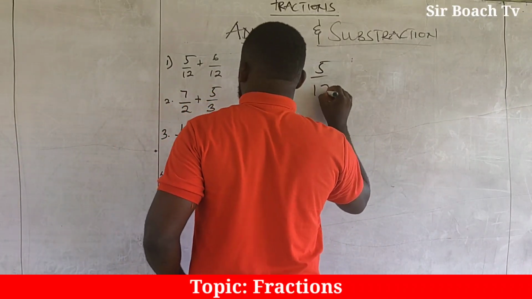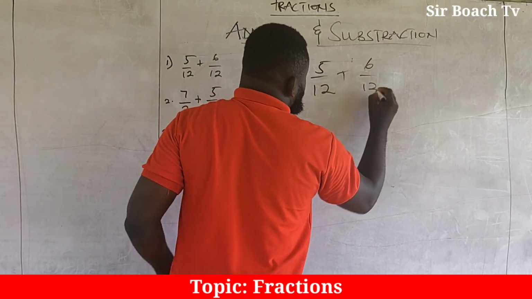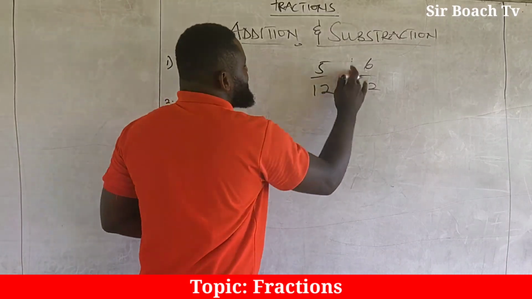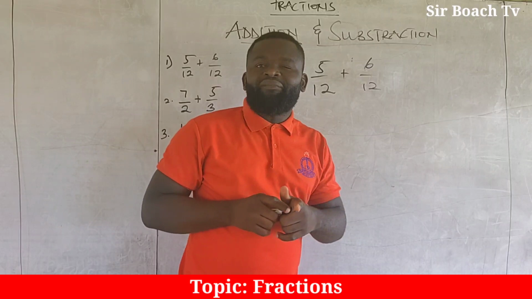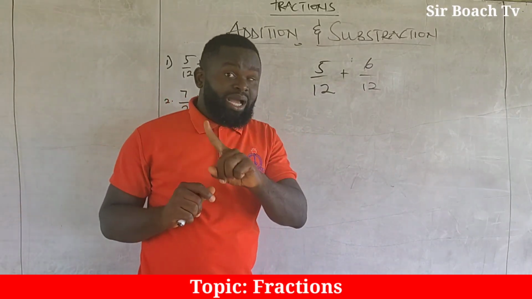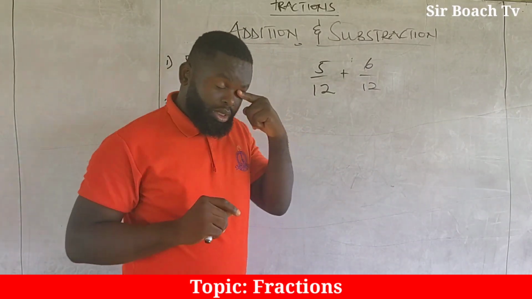Now we have 5 over 12 plus 6 over 12. When we are adding or subtracting fractions, we have to consider the type of fraction that we are working with. It's very, very important.